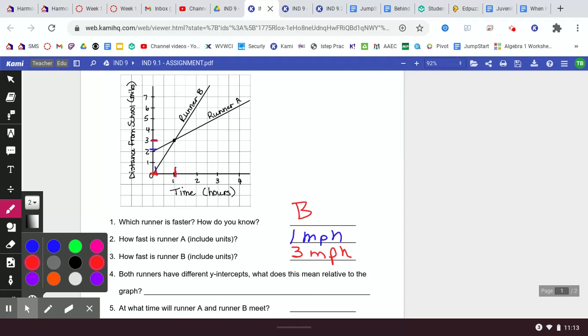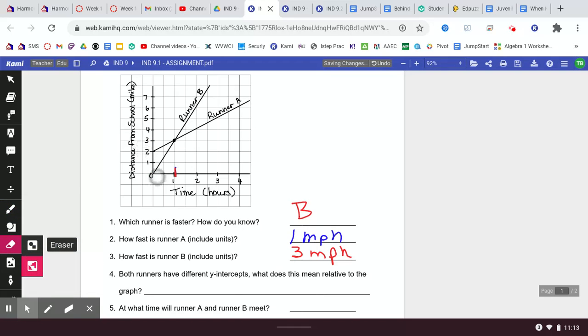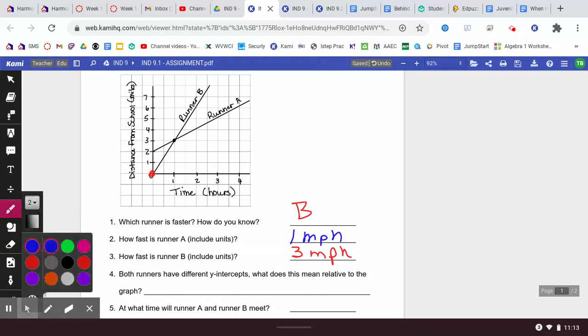All right, so both runners have different y-intercepts. What does this mean relative to the graph? Shayna, what does it mean since they both have different y-intercepts? We've got runner B's y-intercept right here, and runner A's y-intercept right here. They're different. What does it mean?